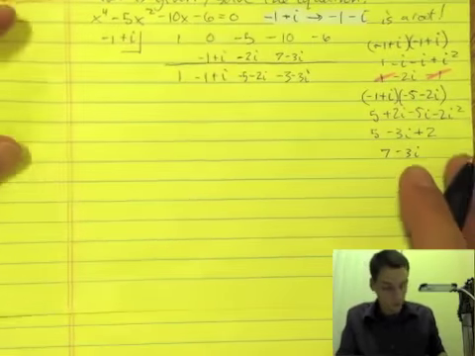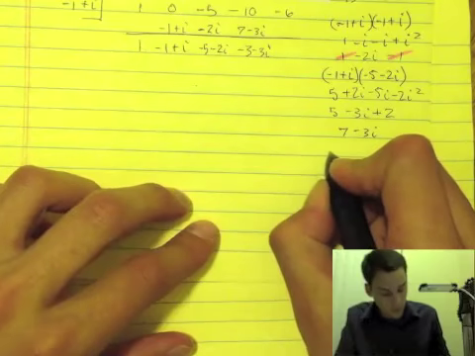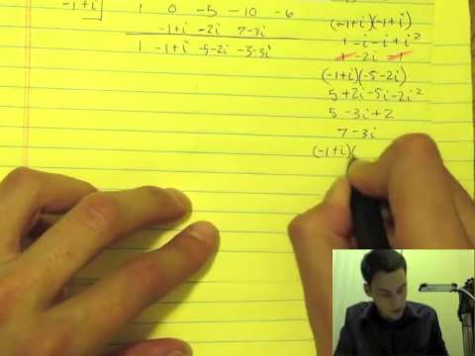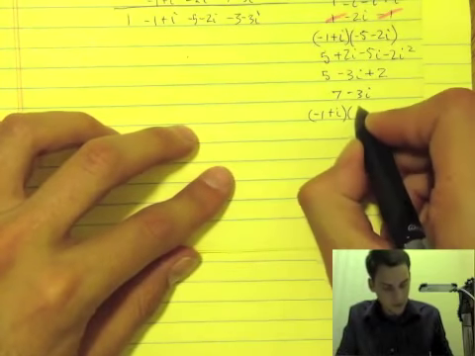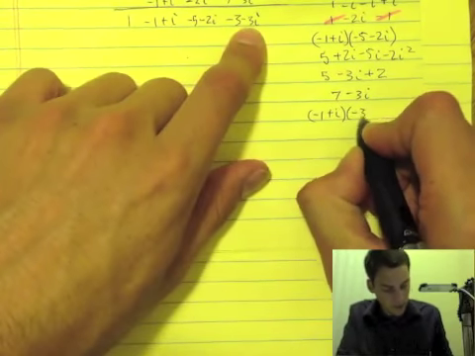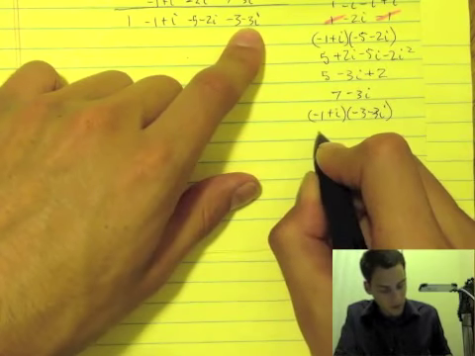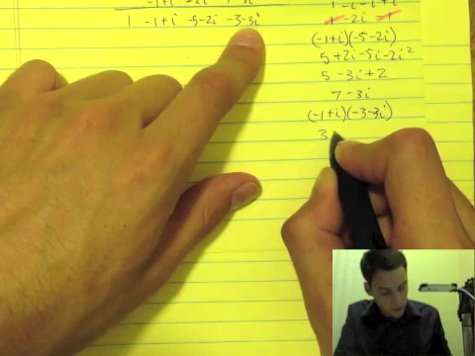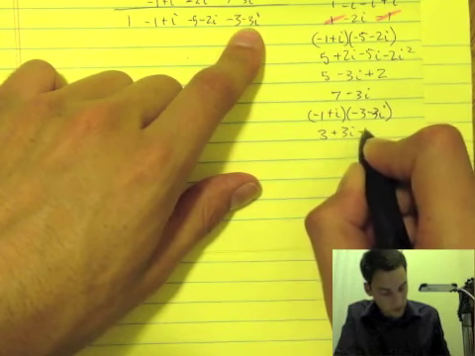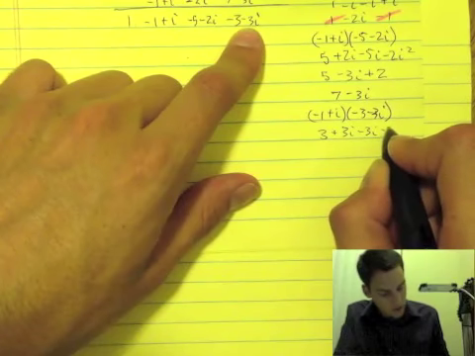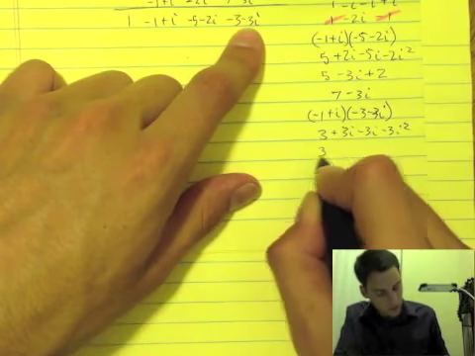And now I gotta multiply one more time. Negative 1 plus i times, what am I doing? Negative 3 minus 3i. That's 3 plus 3i minus 3i. Yay! Minus 3i squared, which means plus 3.